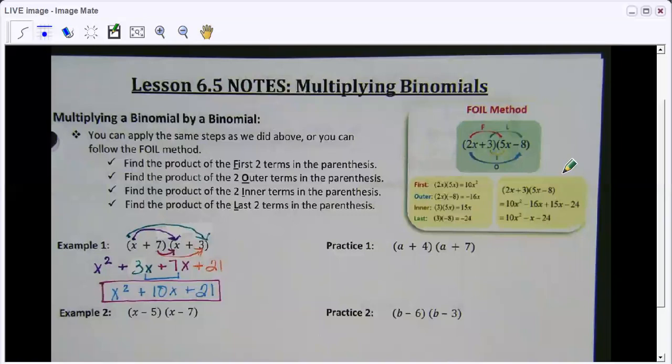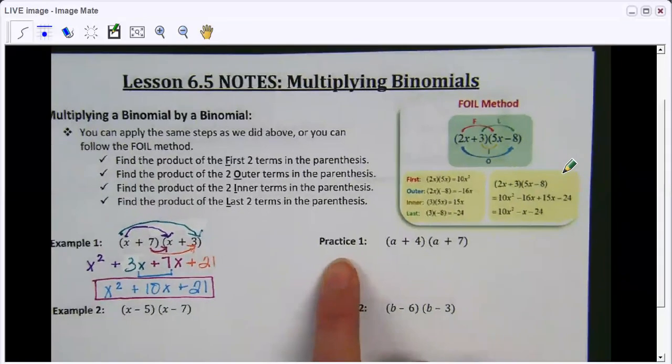Okay, so I want everybody to try practice number 1.